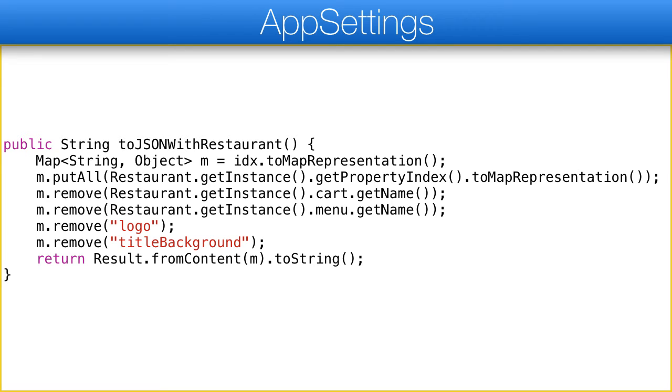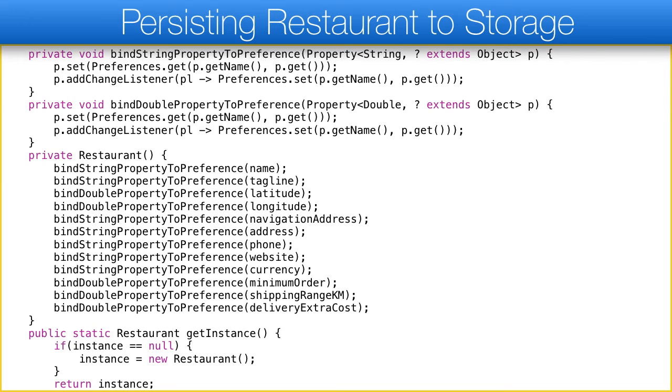Then I'll remove the cart and menu entries. These entries are big and I don't need them for this specific API as they have their own model. I also remove the logo and title background images as they have separate web service.